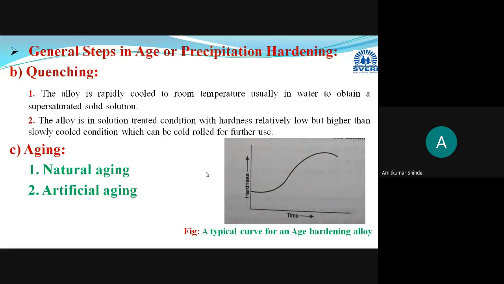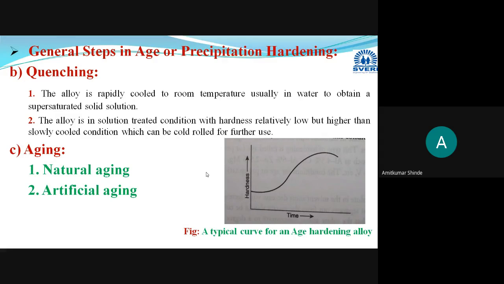Due to some microstructural changes, the hardness value will be more in that slowly cooled condition. How that is happening, we are going to discuss in the next chapter, where annealing and different heat treatment processes are there.